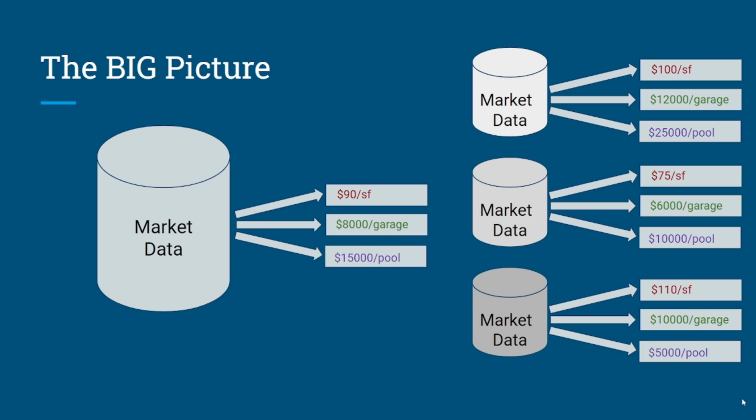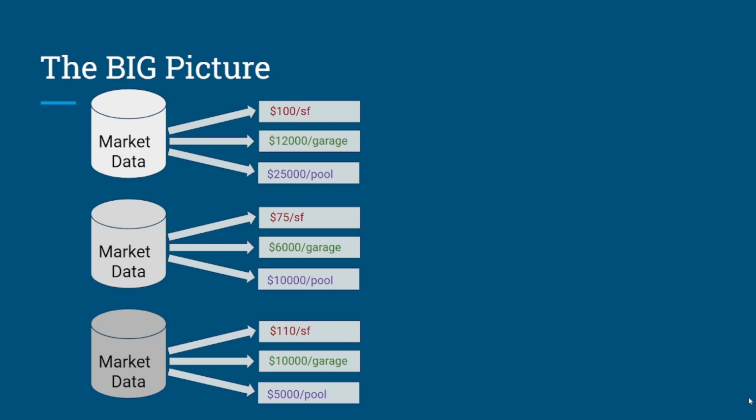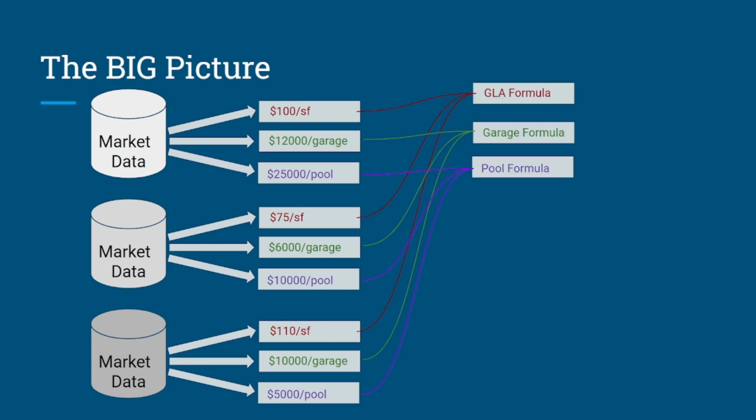When we have all these pools of data, all of this information that we have observed, what do we do with that? What I'd like to do is make observations about why there are differences between behavior in different sets of market data.